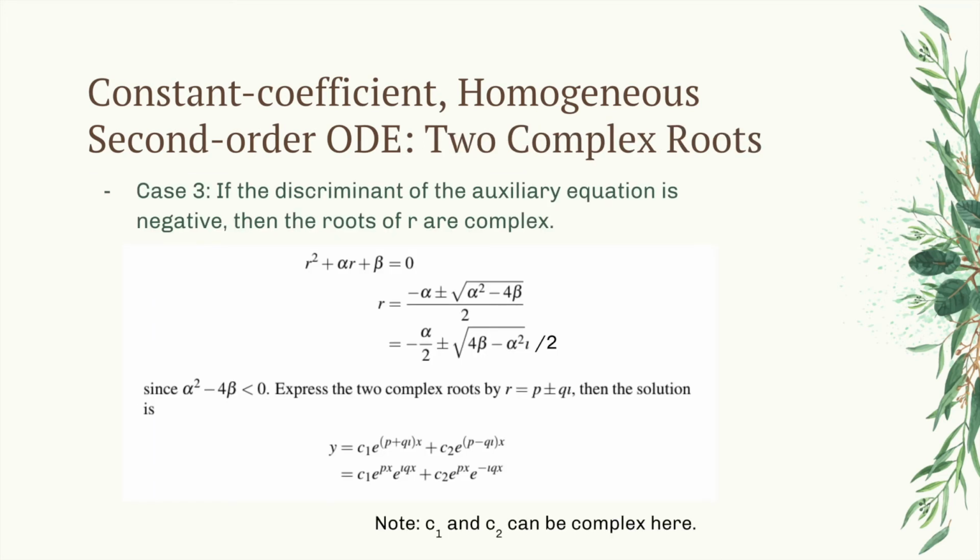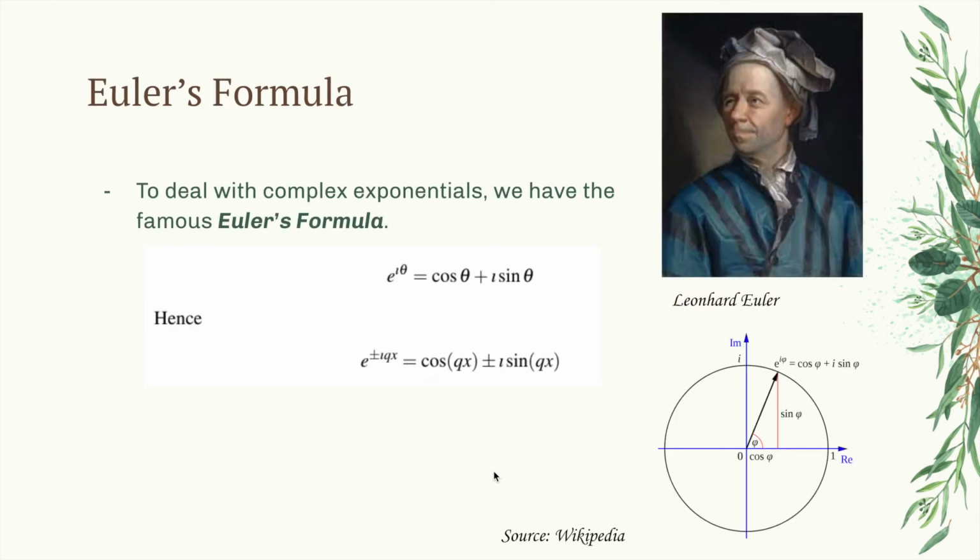The most difficult case would be two complex roots, when the discriminant of the auxiliary equation, alpha squared minus 4 beta, is negative. If we note the two complex roots as p plus minus qi, the solution would look like c1 e to px e to iqx plus c2 e to px e to negative iqx.